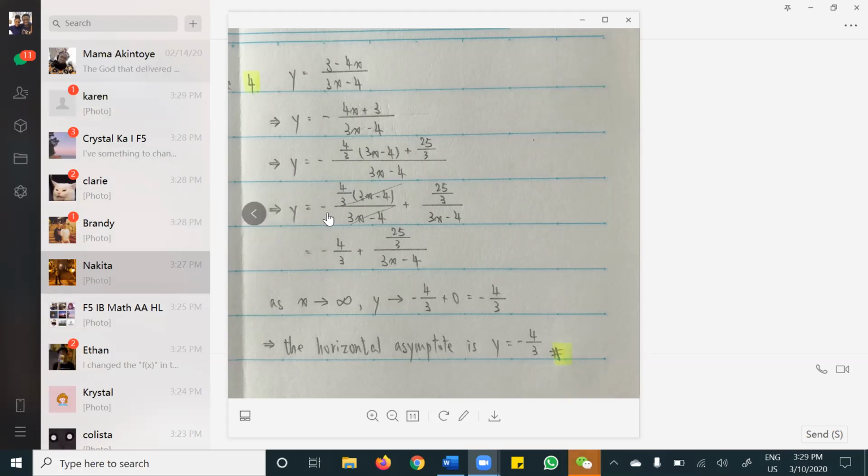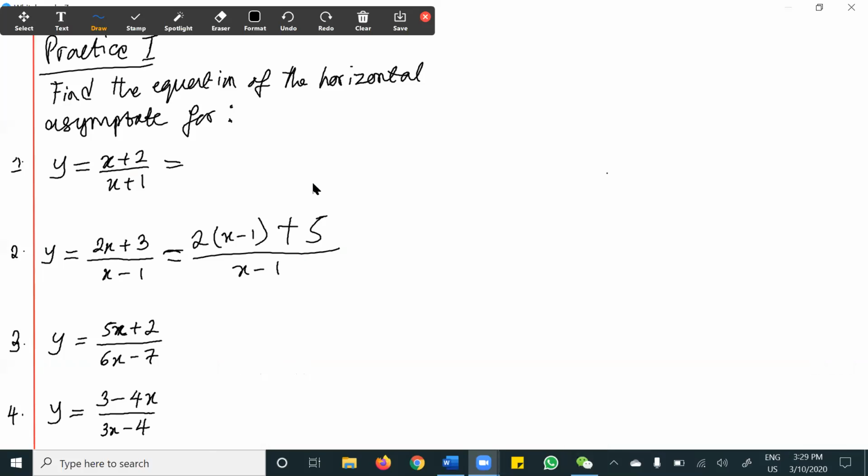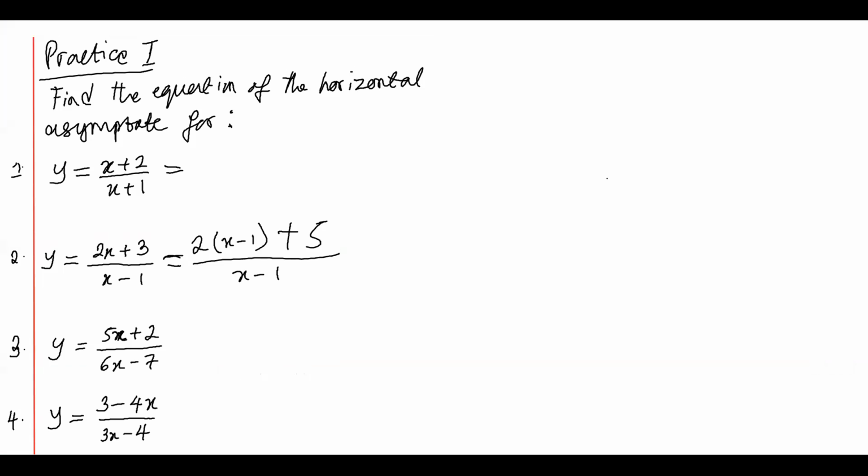Because it's going to end up affecting your calculation by the time you split them into two. Now this minus here should actually affect this one also, because this minus is for everything. So what you should do is say minus 4x plus 3 from the beginning and work with that. Exactly. That's what I saw in Crystal's work also.